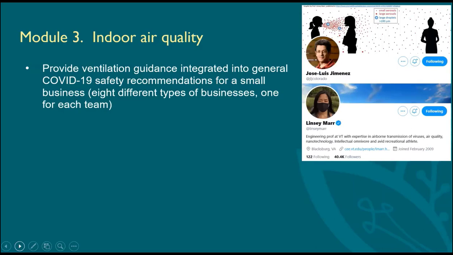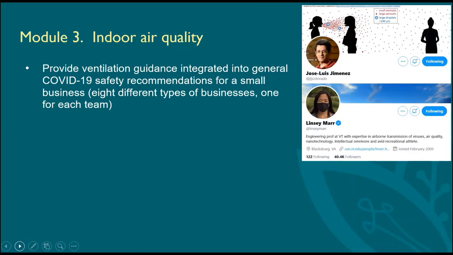And the scenario was that the Washington County Health Department has hired their engineering firm in order to provide a presentation about the benefits of ventilation to small business owners to be safe regarding COVID-19.